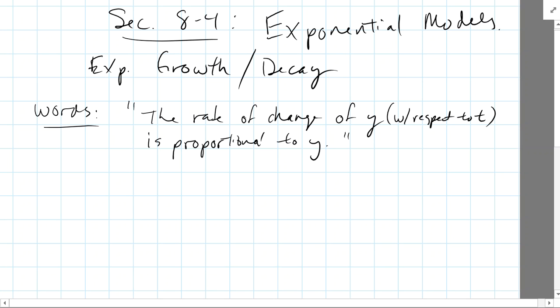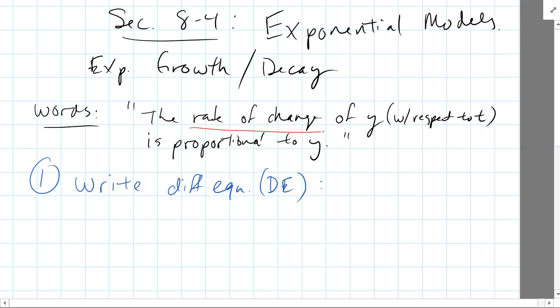So the first thing you do in every single one of these problems, and it's what I had to do in my homework, first you're going to write the differential equation. The way we abbreviate that in my class is just the DE. The DE is the differential equation. So for this one, what is the differential equation? What does rate of change of y with respect to t mean?